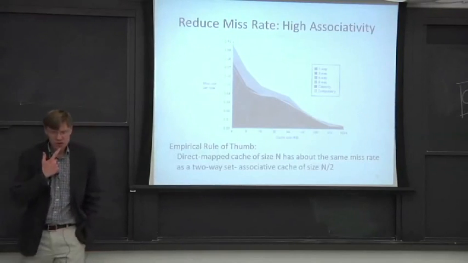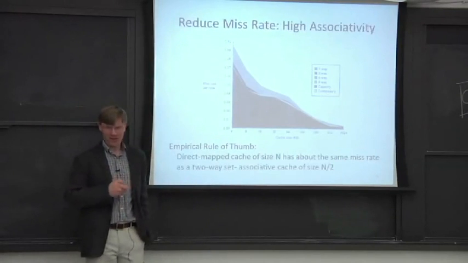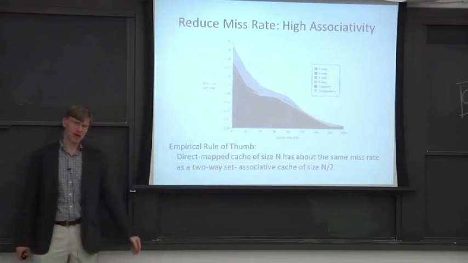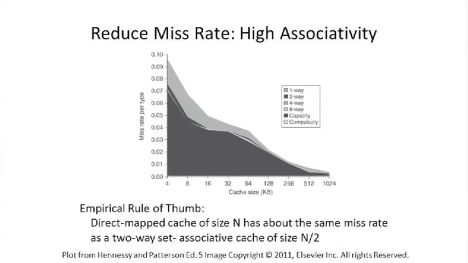OK, so how else do we reduce the miss rate? Same graph, also from Hennessy and Patterson in your book. You can increase the associativity. So you can take a 4-way cache and turn it into an 8-way cache. Now, there's some hardware cost associated with that, and there's also clock cycle cost, typically.